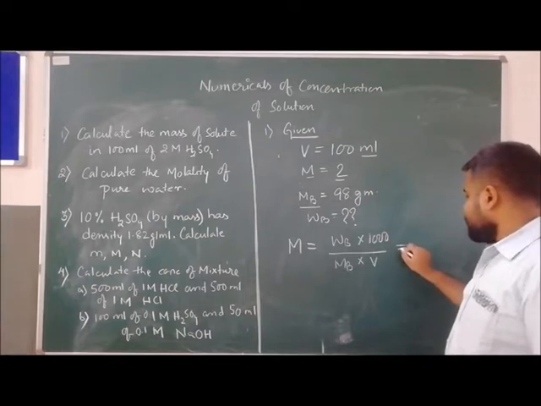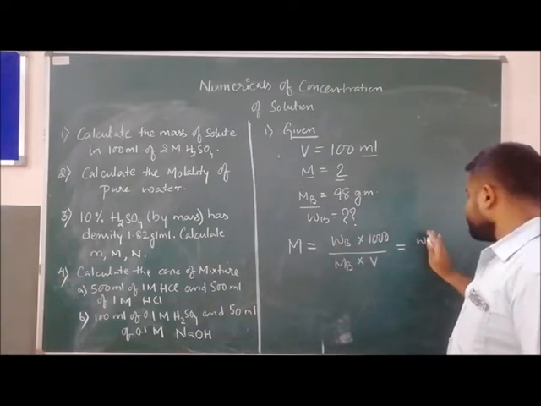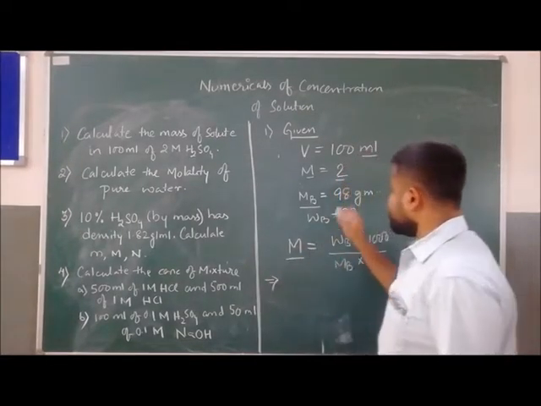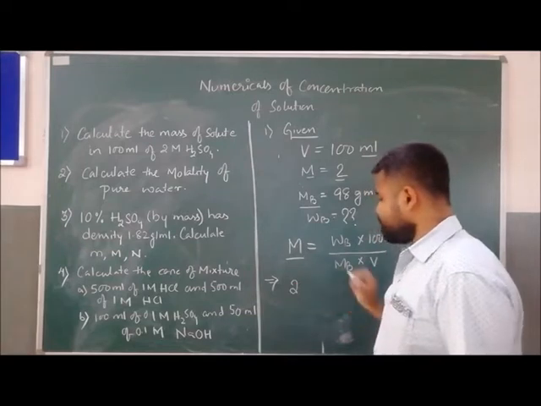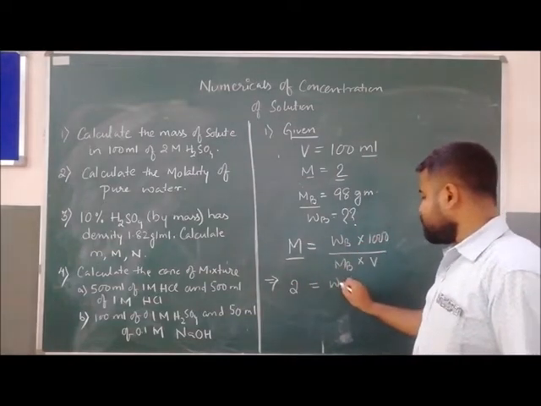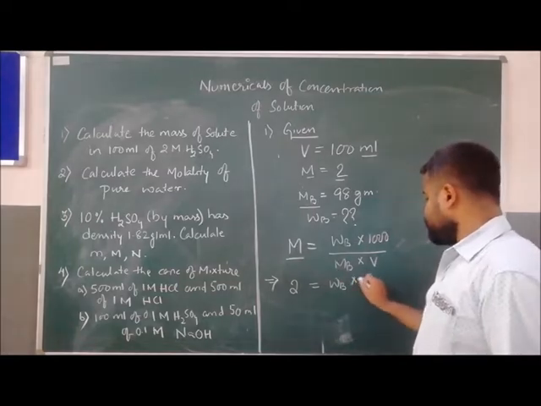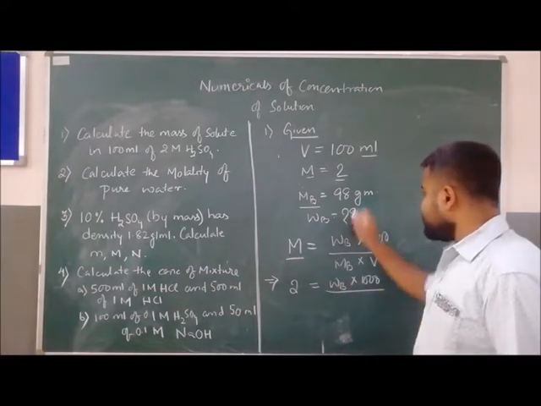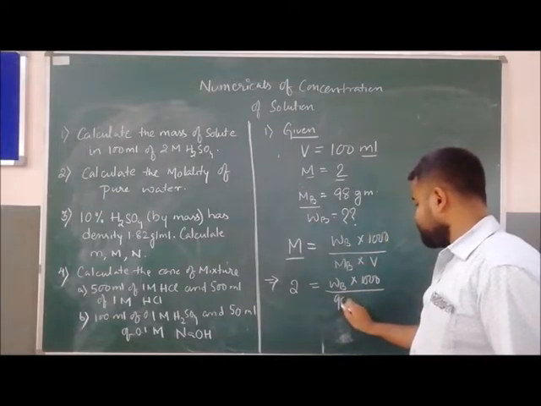Here we have to find out Wb. Molarity is given as 2, so we write Wb into 1000 by Mb. Mb is 98.